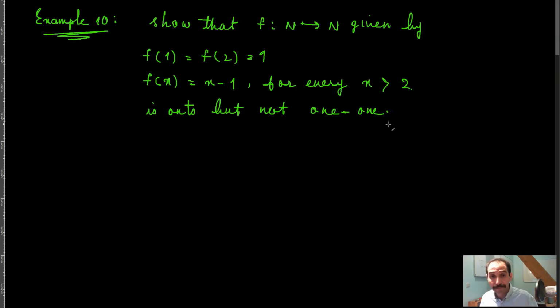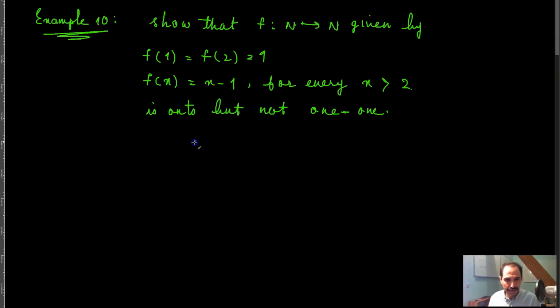Okay, so what this means is that basically f of 1 is equal to f of 2 is equal to 1, which means that it's not a 1-1 function, right? Because a 1-1 function is the kind of function where distinct elements of the domain have distinct images in the range, which is not the case here.